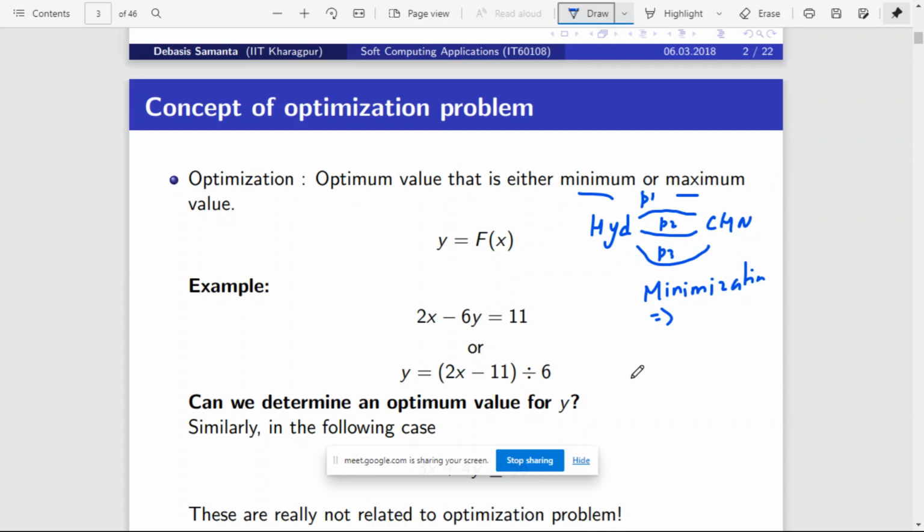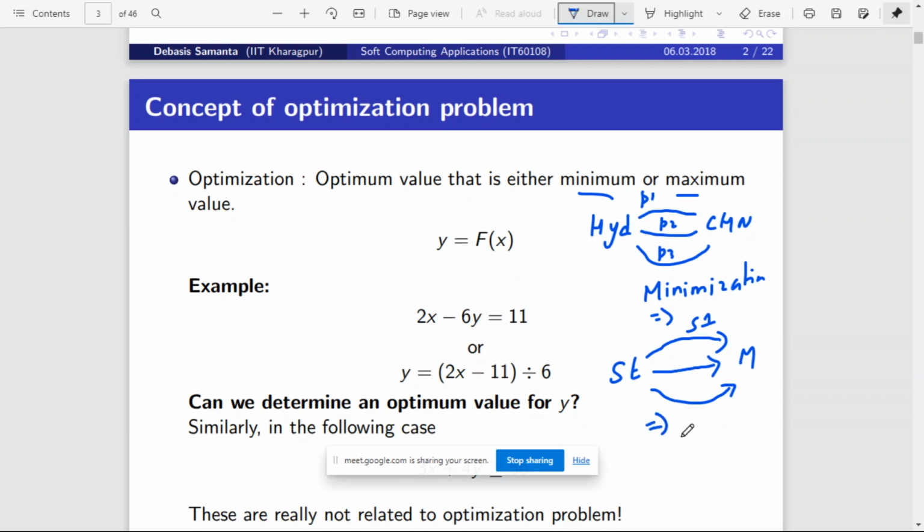Similarly, for example, a student, how much marks he will get. There are different strategies for studying. This is strategy 1. If he follows strategy 1, so much marks he can get. If he follows strategy 2, so much marks he can get. If he follows strategy 3, so much marks he will get. Here, what will be the objective?